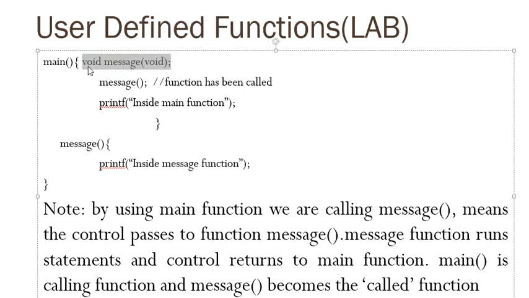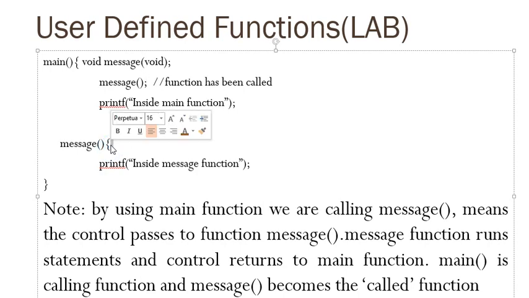After the declaration of the function, the compiler finds that a function has been called. So the compiler will pass control from the main function to the message function. Control will be passed from here to here.